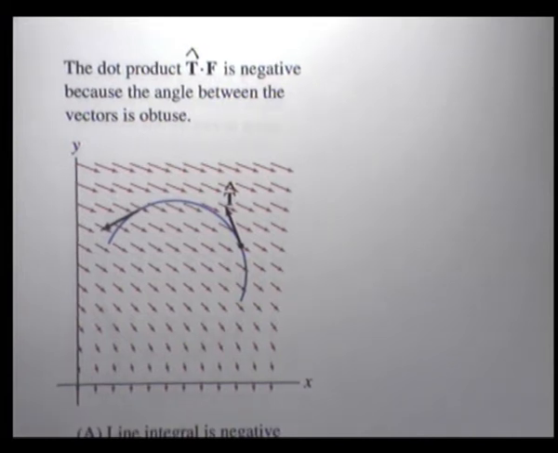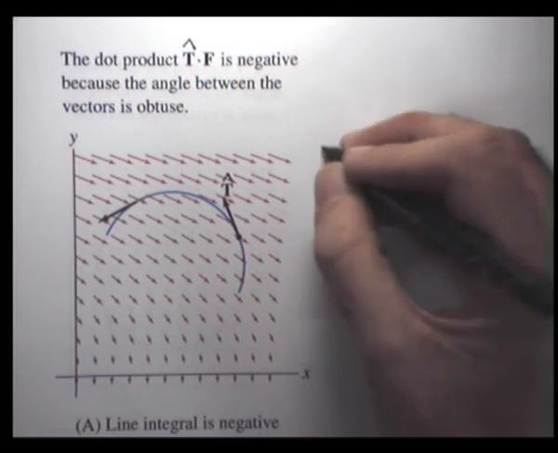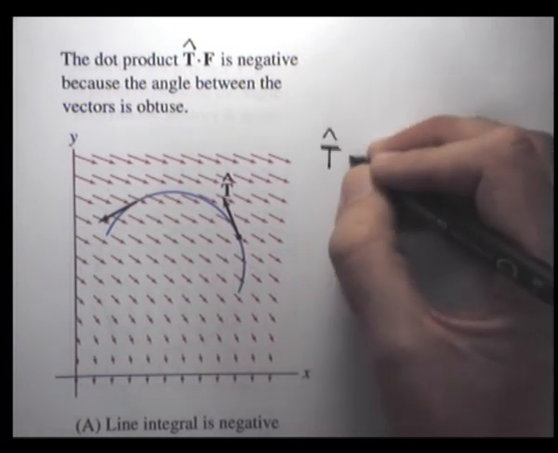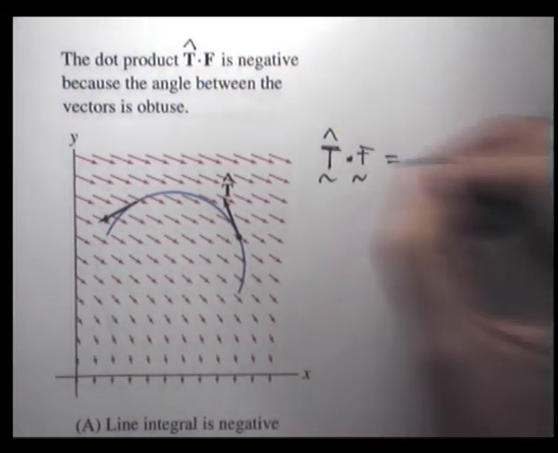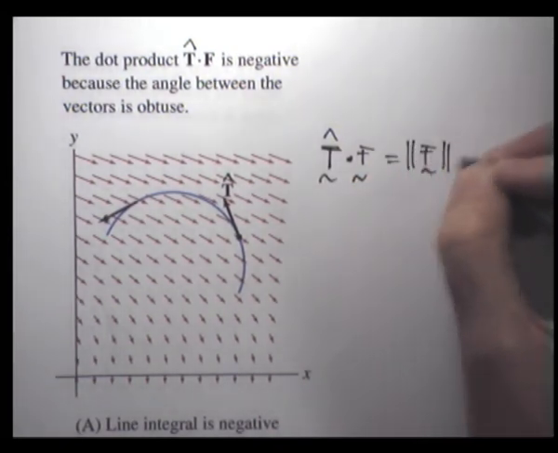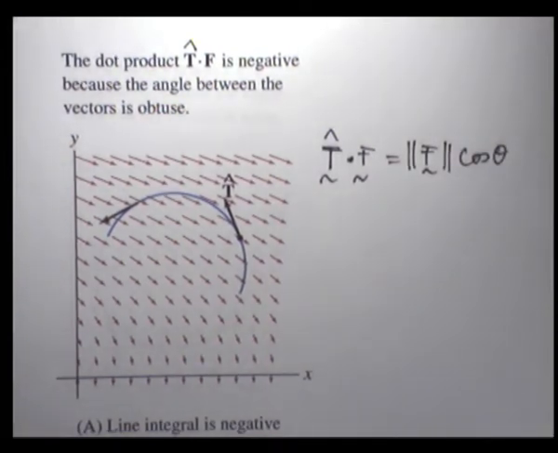The angle is going to be obtuse, right? So, what it means is that the dot product, which is just this, will be negative because for an obtuse angle, cos theta is negative.